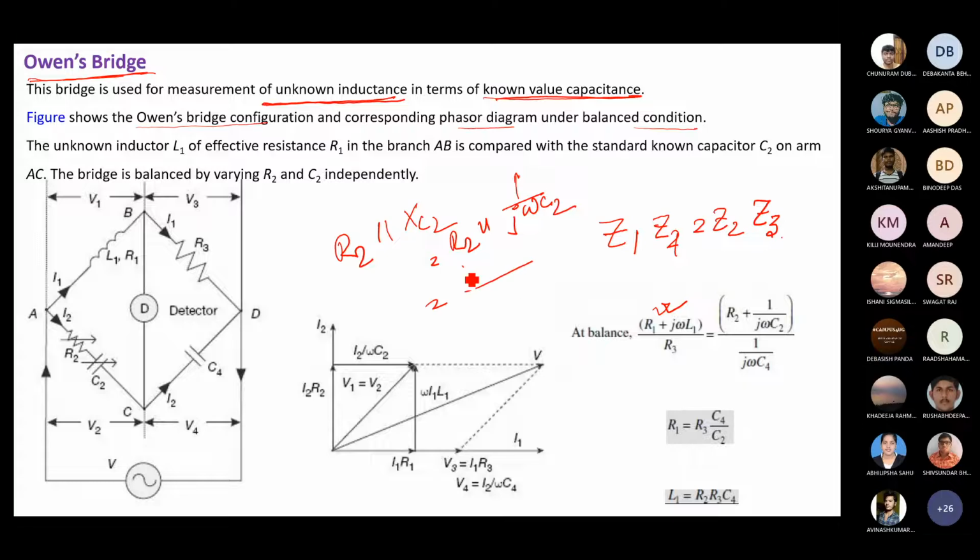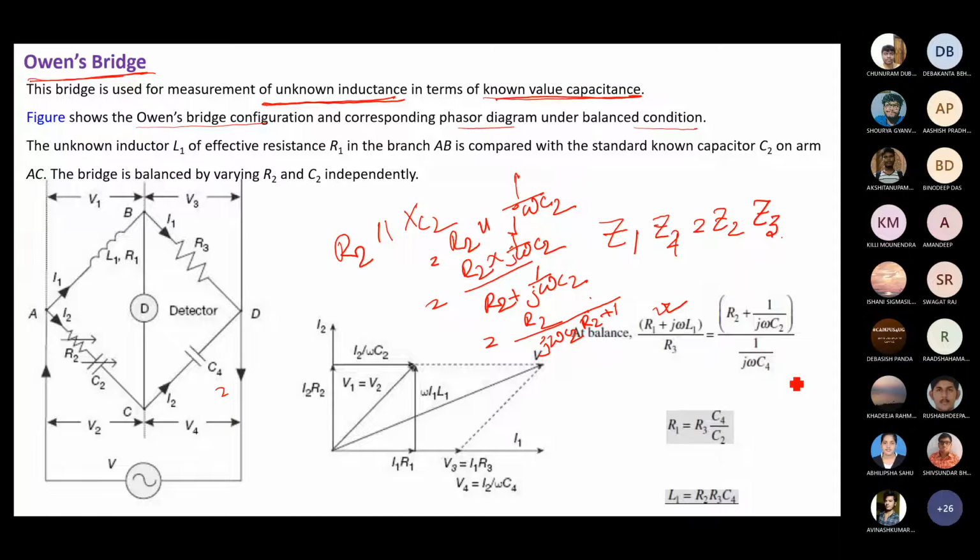So R2 into 1 by j omega C2, over R2 plus 1 by j omega C2. Cross multiplication gives R2 by j omega C2 R2 plus 1. Another one, the capacitor Z4, is 1 by j omega C4.